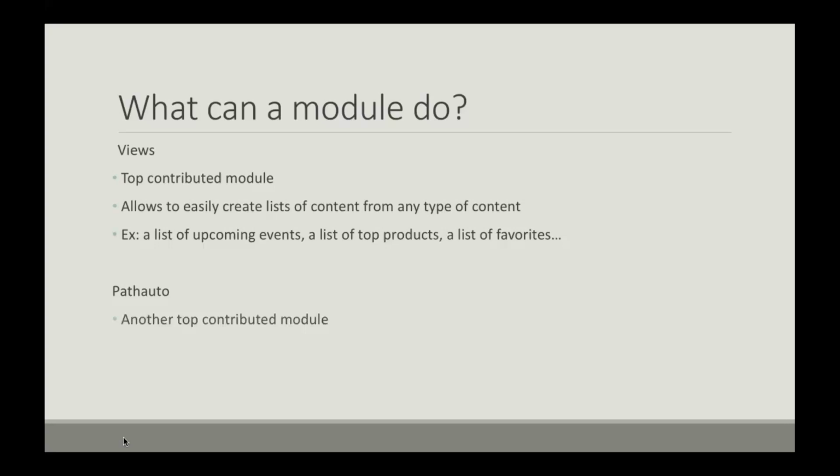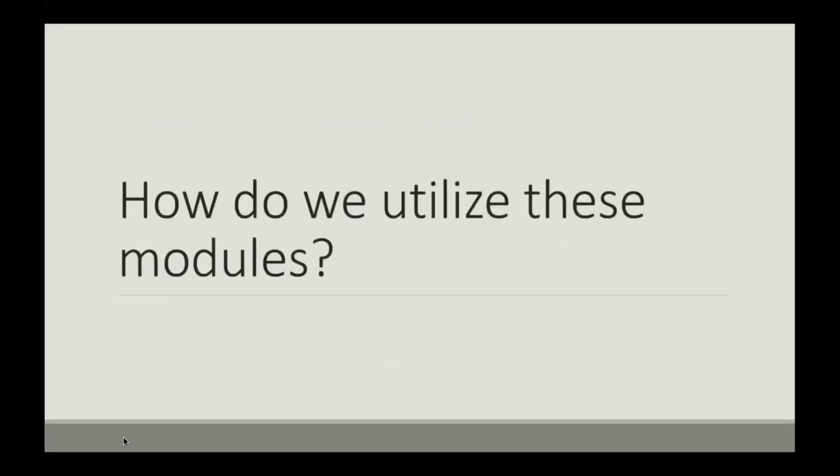What Path Auto does is it allows a site builder to define patterns based on your content for the URL. So what you can do is you can make a URL very easily readable and better for SEO purposes. So you can change .com/node/45 to, if it's an article piece of content, article/title of article. Pretty handy.